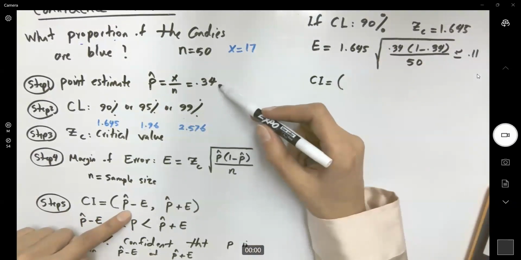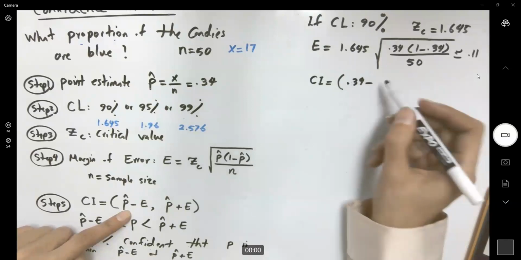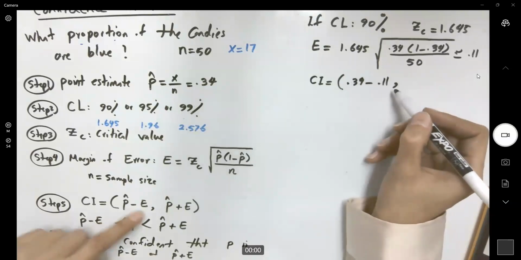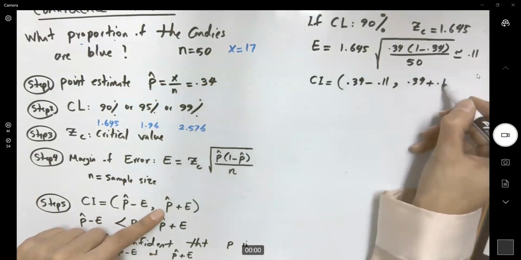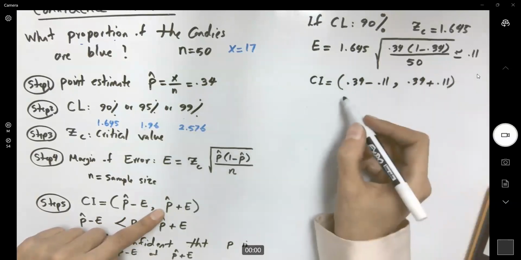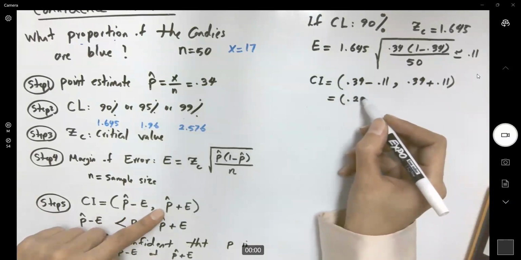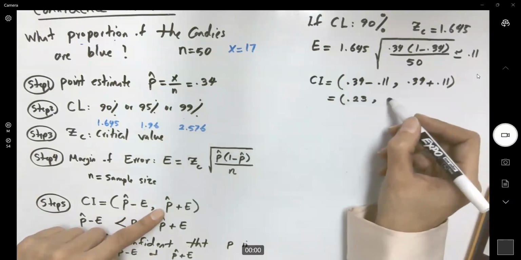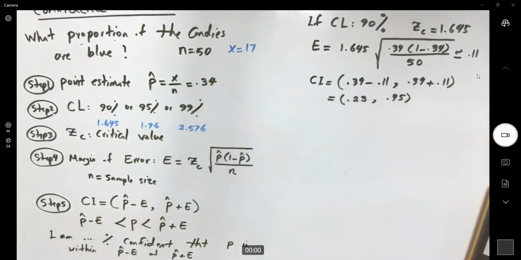P hat is 34%. 0.34 minus 11%, comma, p hat, which is 34%, plus 11%. Well, my confidence interval is equal to 0.23 and 45%. So what's the meaning of that?